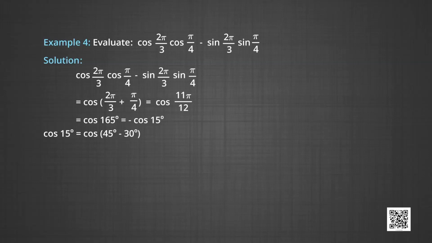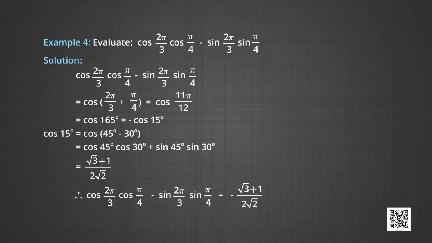When we substitute the values, this comes out to be root 3 plus 1 upon 2 root 2. So, value of cos of 15 degrees is equal to root 3 plus 1 upon 2 root 2. But the answer is minus times cos of 15 degree. So, the given expression is equal to minus root 3 plus 1 upon 2 root 2.